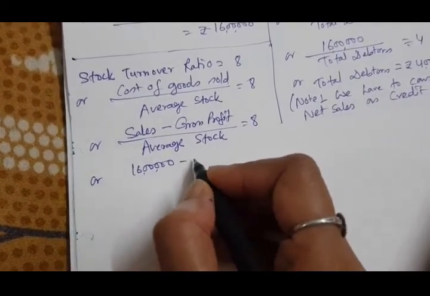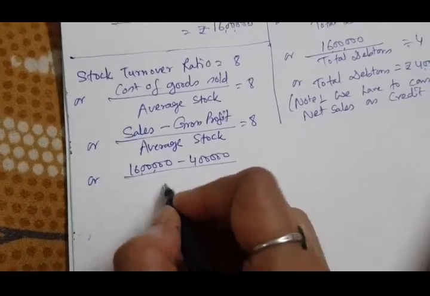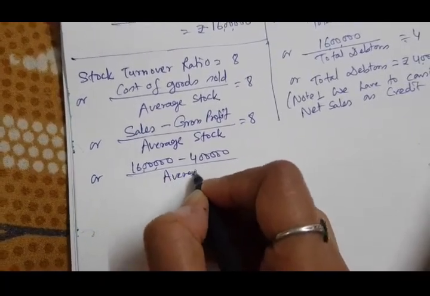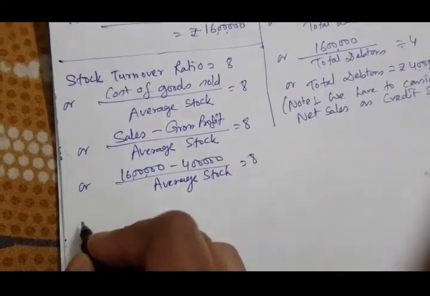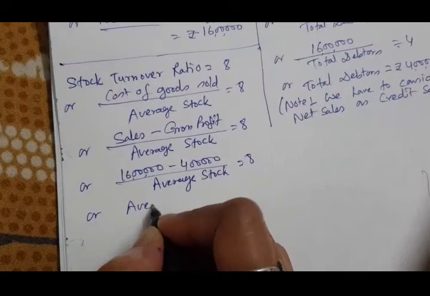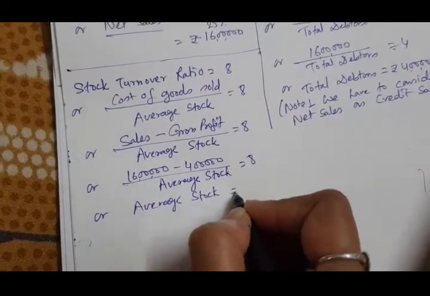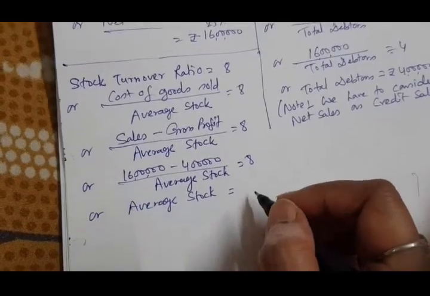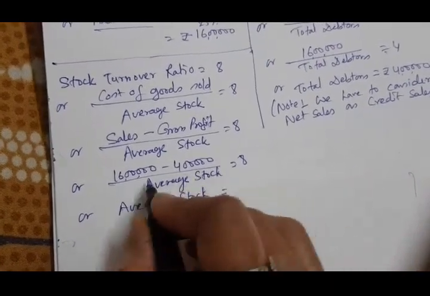Gross profit is also known to us, that is 4 lakh, divided by average stock, 8. Average stock will be 12 lakh.